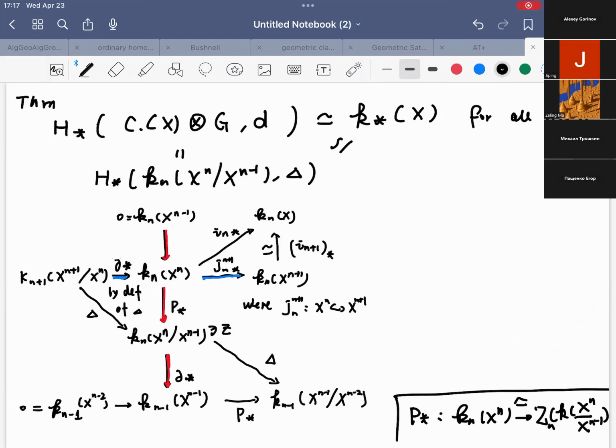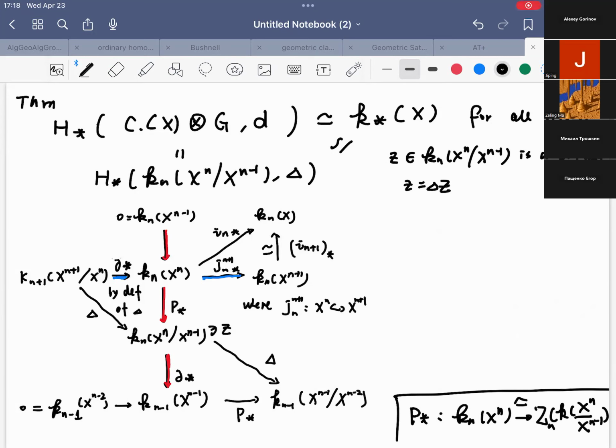So if C is a boundary, that means you can find C prime.